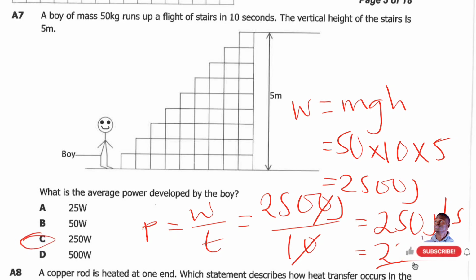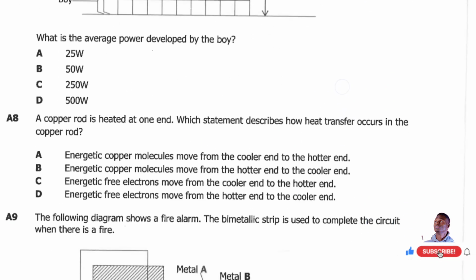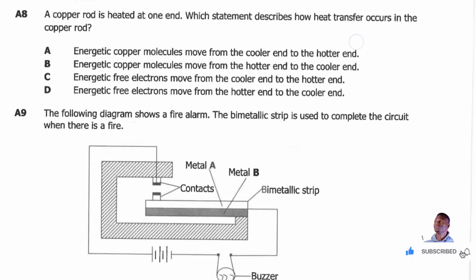Okay, let's go to 8. A copper rod is heated at one end. Which statement describes how heat transfer occurs in the copper rod?